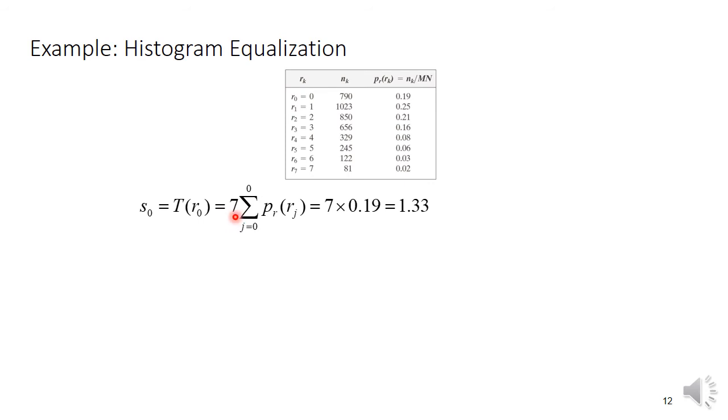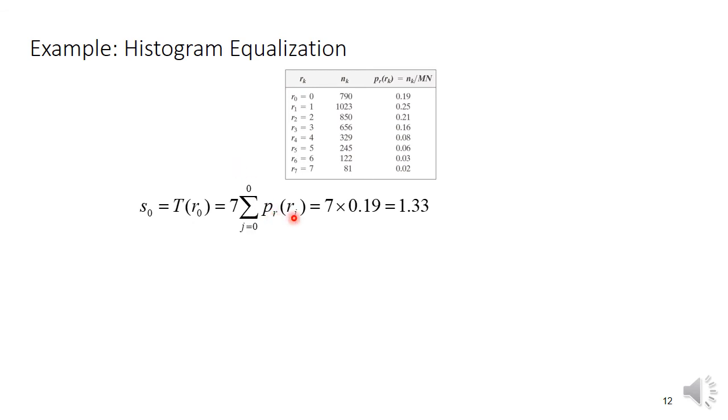Here L minus 1 is 7, and summation of j 0 to 0, because we are getting the output for s naught. We will get s naught from the value r naught, and for this we have the value of j 0 to 0.